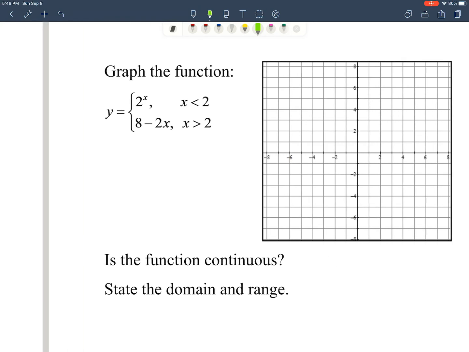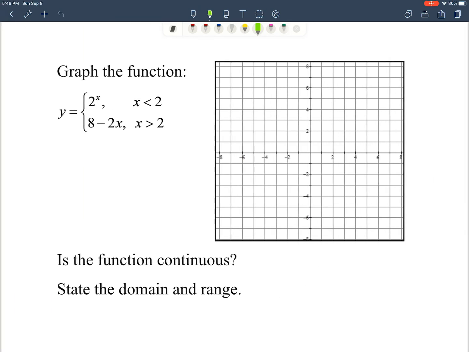All right, we got one more example here. If you want to try it, go ahead and pause the video and then you can check to see if you are right. So the first function would be y equals 2 to the power of x, and that domain is when x is less than 2.